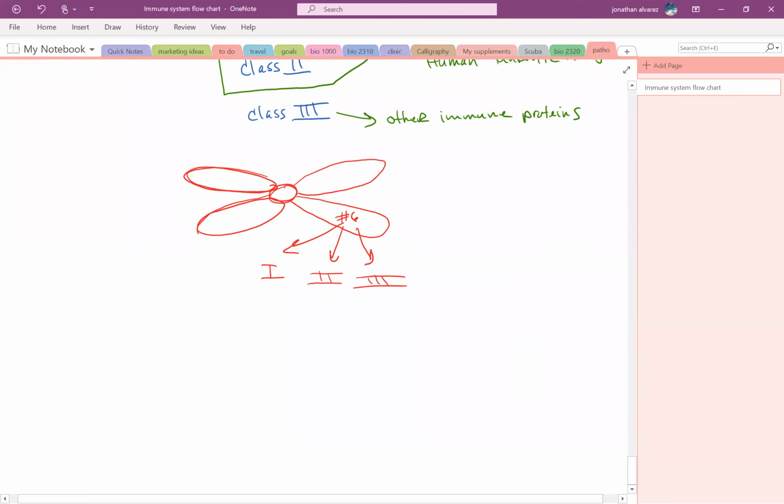They can test for chromosome number 6 to see what is going on. Class 1 and 2 are part of that HLA. And the class 3 are those other immune proteins.